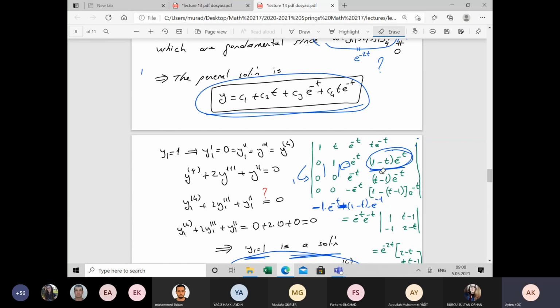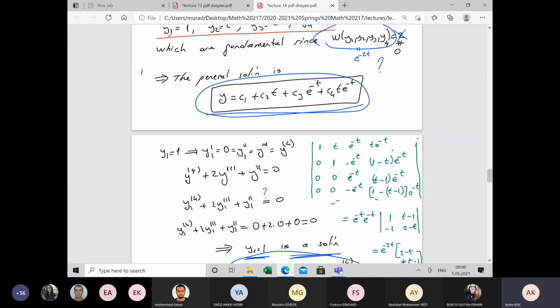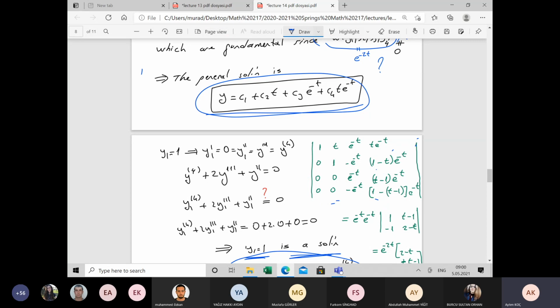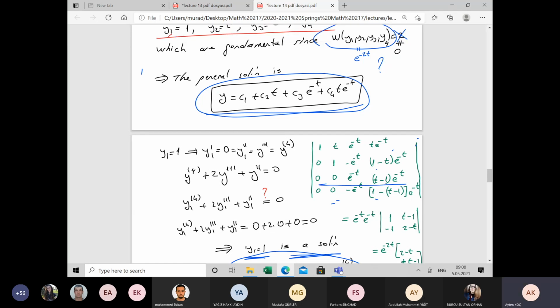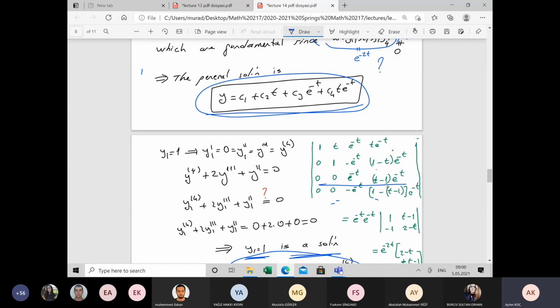So we obtain, yes, here we obtain this row, and this row is okay. Then this one, is it true or not?